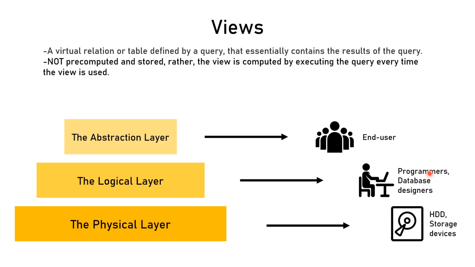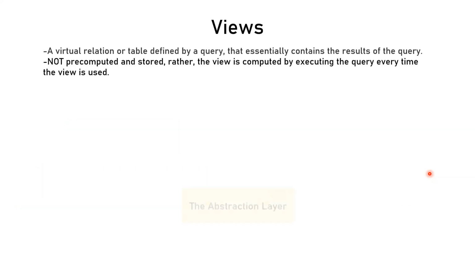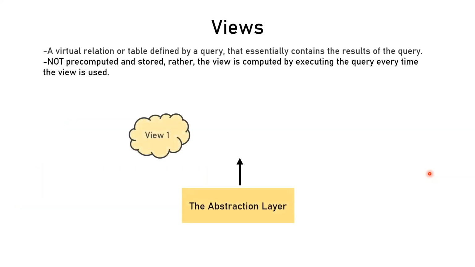So we say that end users are part of the abstraction layer where they are given only the results of the application, not the actual working or the actual logic behind that application. Now, views are essentially part of the abstraction layer.